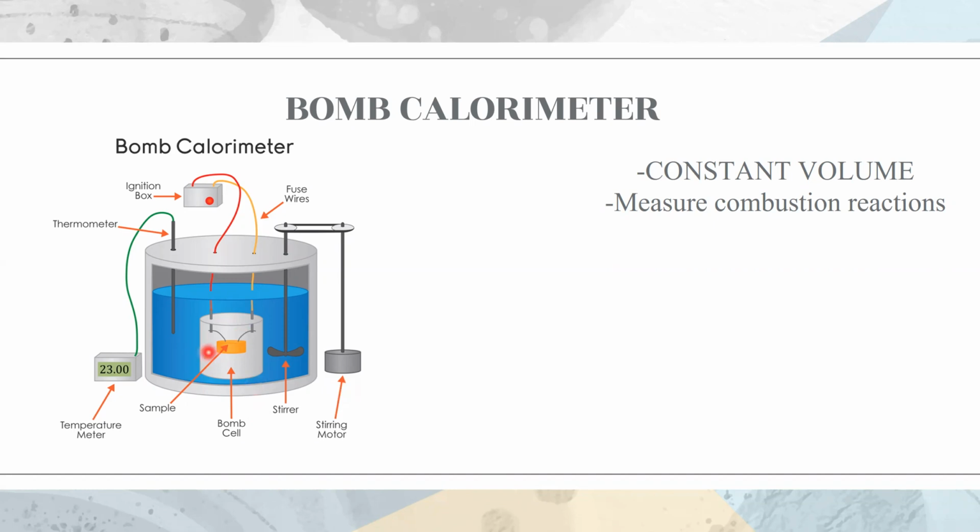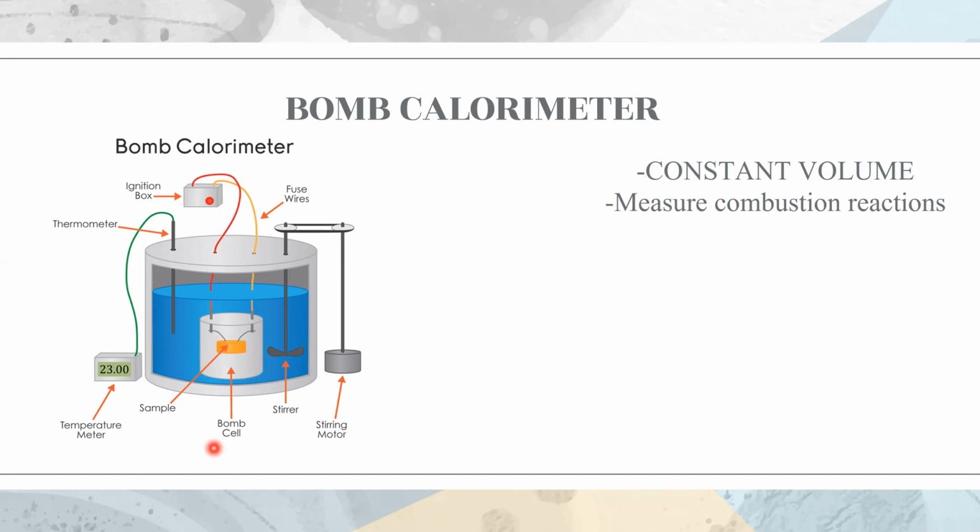And when we burn this sample inside of the bomb cell, this causes the temperature in the bomb container to rise. And when the bomb container's temperature rises, the big container that has water, which is over here, also rises in temperature because of the heat produced by our bomb cell.